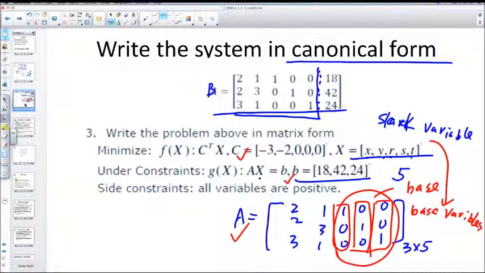So make sure you understand the canonical form must look like that. Look at the c, it gets the negative here. When you see that T means transpose, you write it down this way, c transpose times x is nothing more than negative 3x minus 2y when you dot this here.